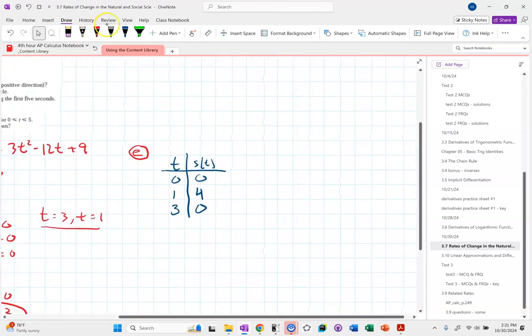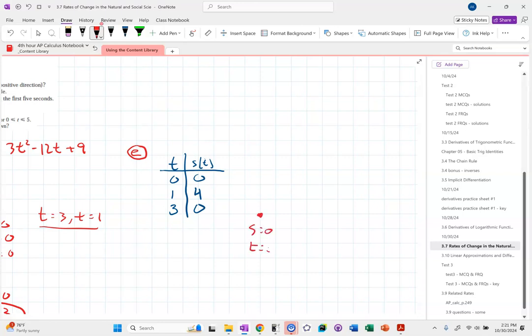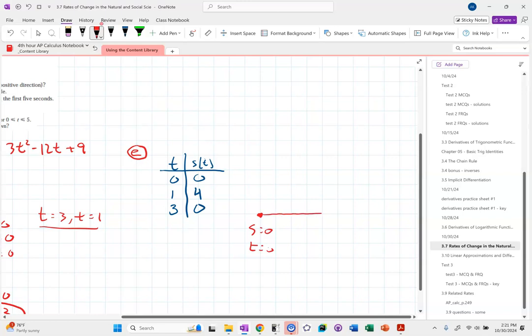So now if I draw this, I start out at position 0 at time 0. I move forward until I get to time 1, at which point I'm at position 4.